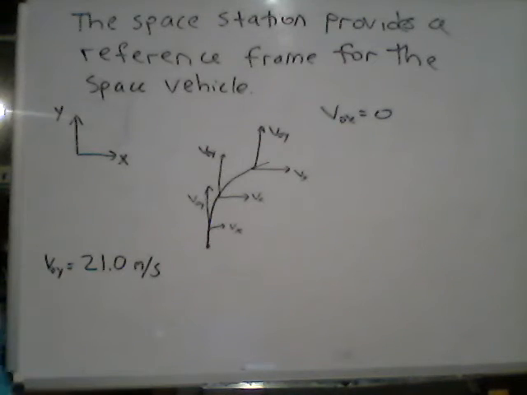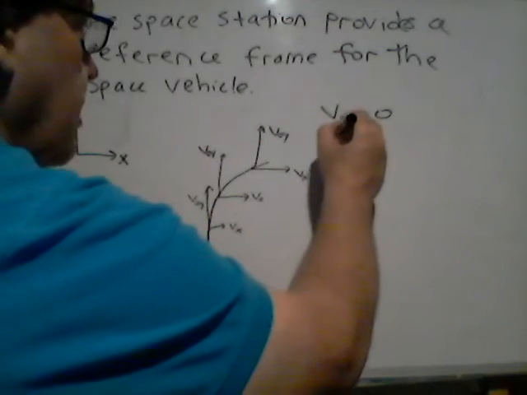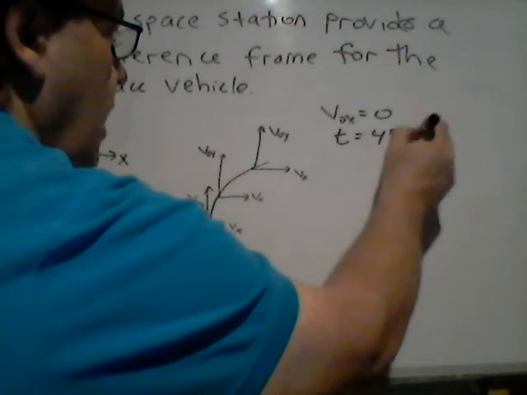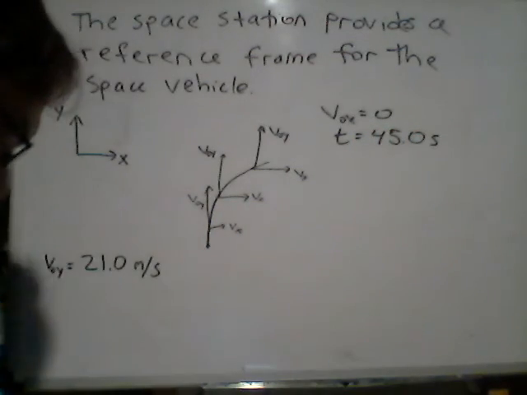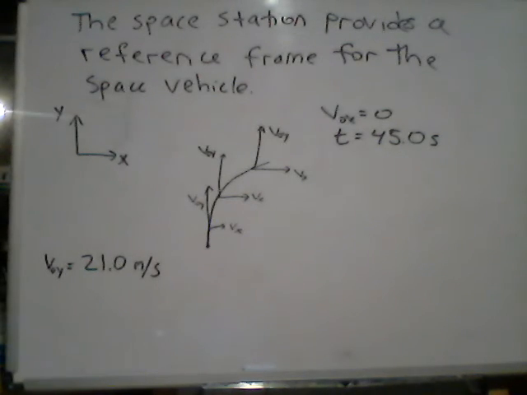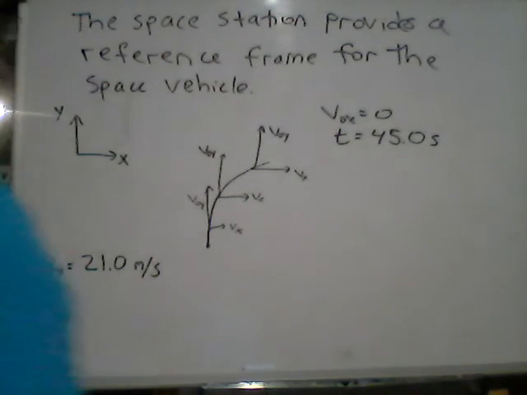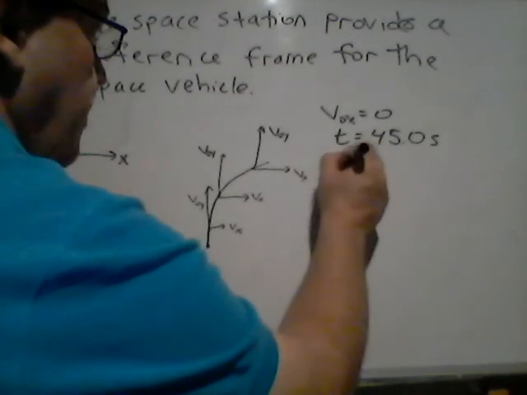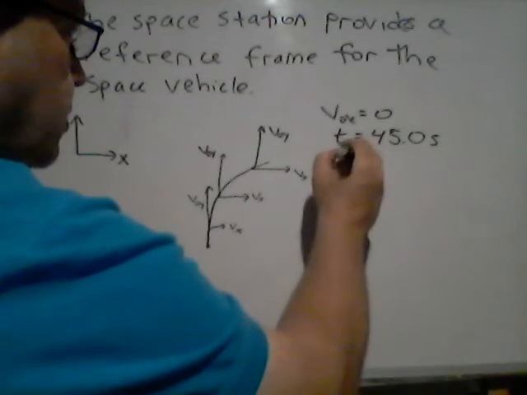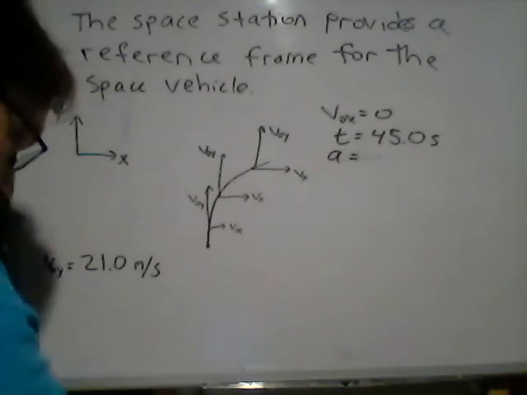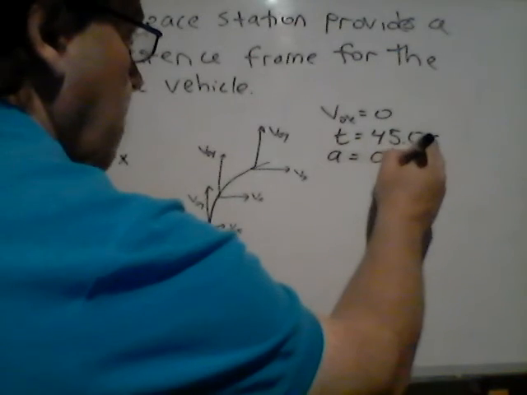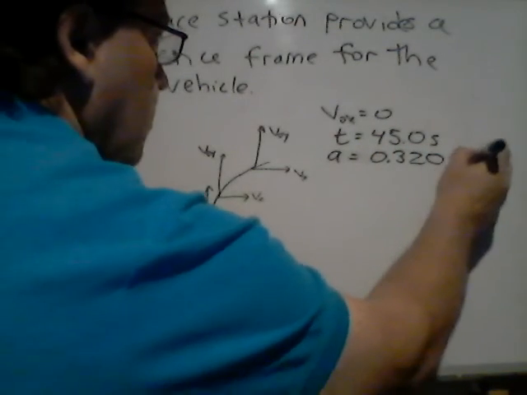Now, we know that the thruster is going to be turned on for 45 seconds. That's what we're being told. We would like to find out what the final velocity actually is. And so the equation that we would pick, we're also being told that the acceleration in the x direction is 0.320 meters per second squared.